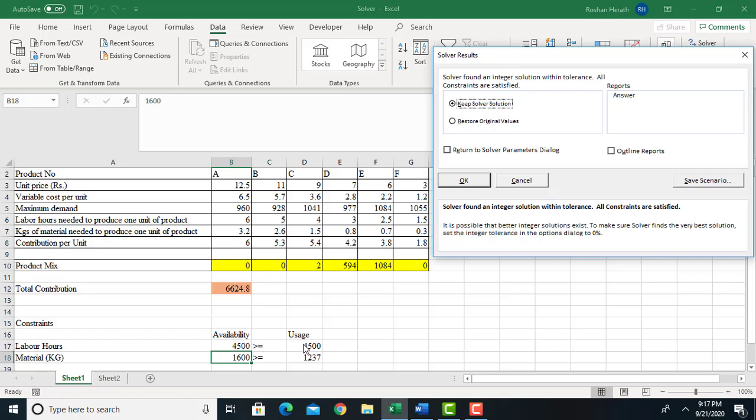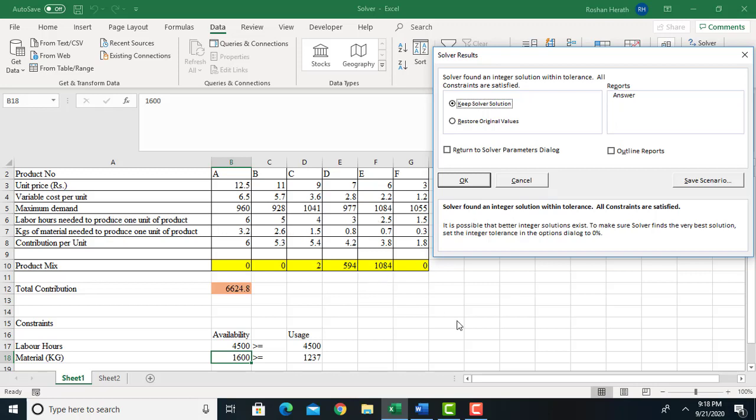See, now your usage is equal to the availability. The material usage is less than the availability. So it's fine. And also if you check with this product mix and the maximum demand, that's also perfectly fine. So you haven't exceeded the maximum demand in any instance.